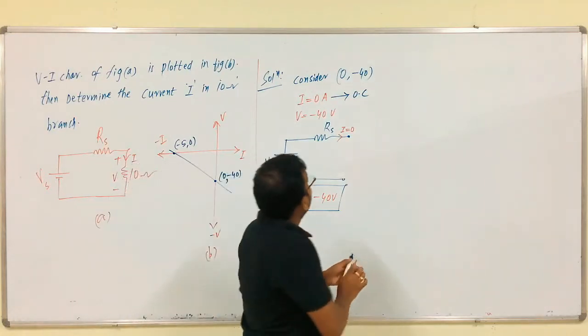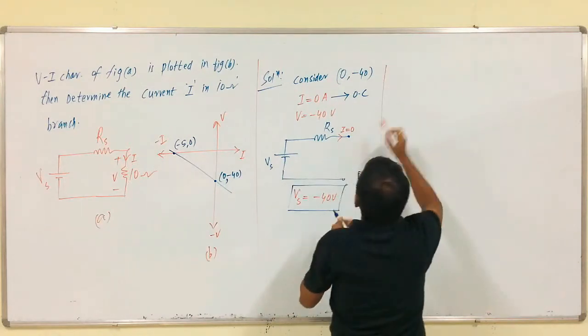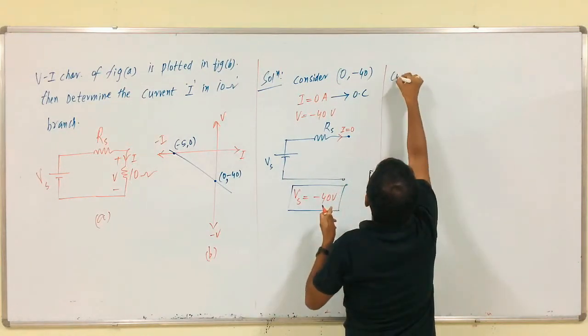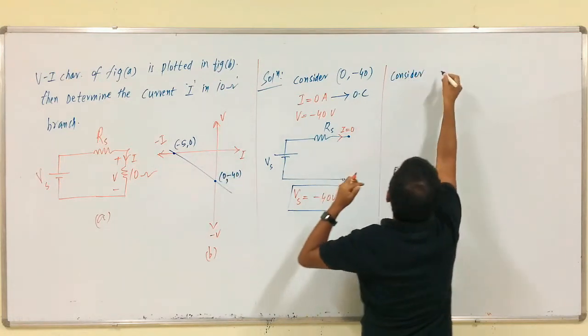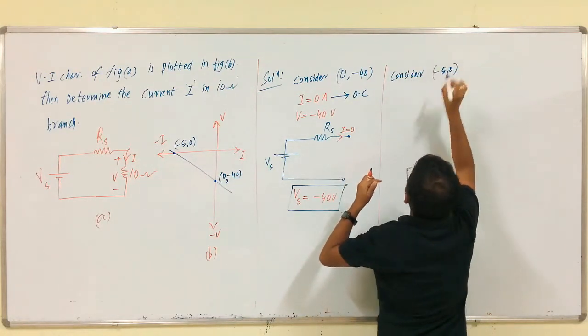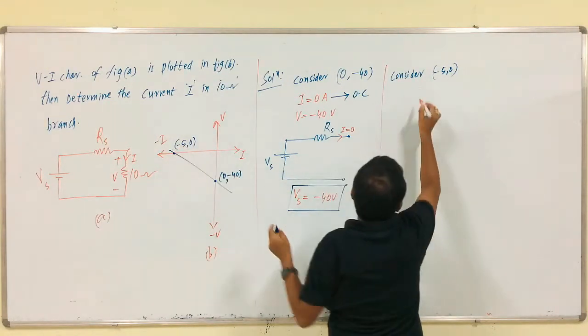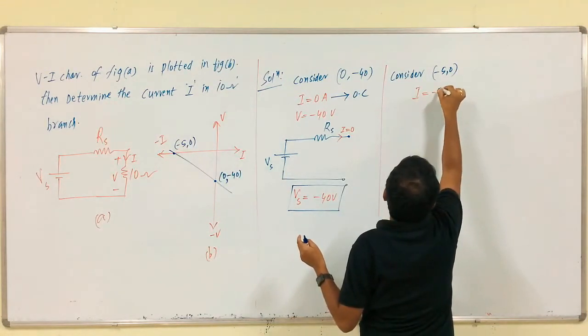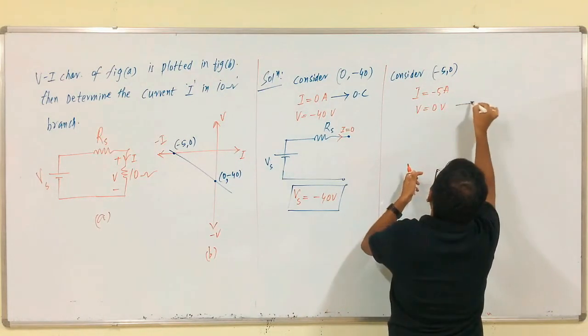Next, consider what is that point? Minus 5 comma 0. From this, what is this? Current, no? I is equal to minus 5 amps, V is equal to 0 volts. 0 volts means what?